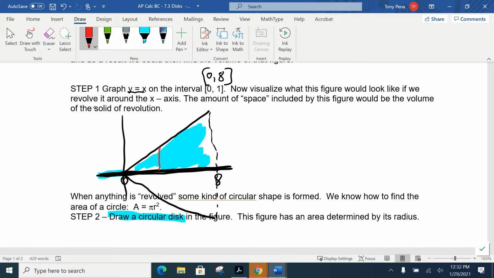So draw a really tiny little rectangle in here. Visualize what would happen if that rectangle rotates around the x-axis. Wouldn't this one rectangle, if it rotates and its fixed point is right here on the x-axis, if that rotates around the x-axis, can we kind of see how that would form a disc?